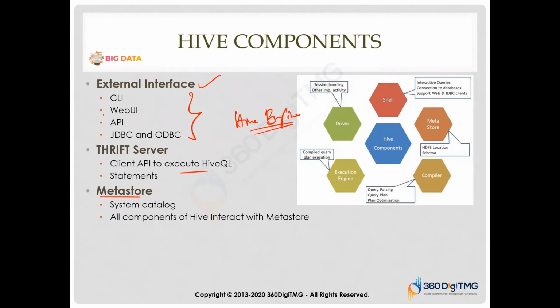Metastore basically is the schema. It's a system catalog, like you see, right? It basically stores the structure of the Hive table that you are creating from data which is lying on the HDFS, which could be unstructured as well, right? So we are giving a structure to it. That structure is getting stored in the Metastore.